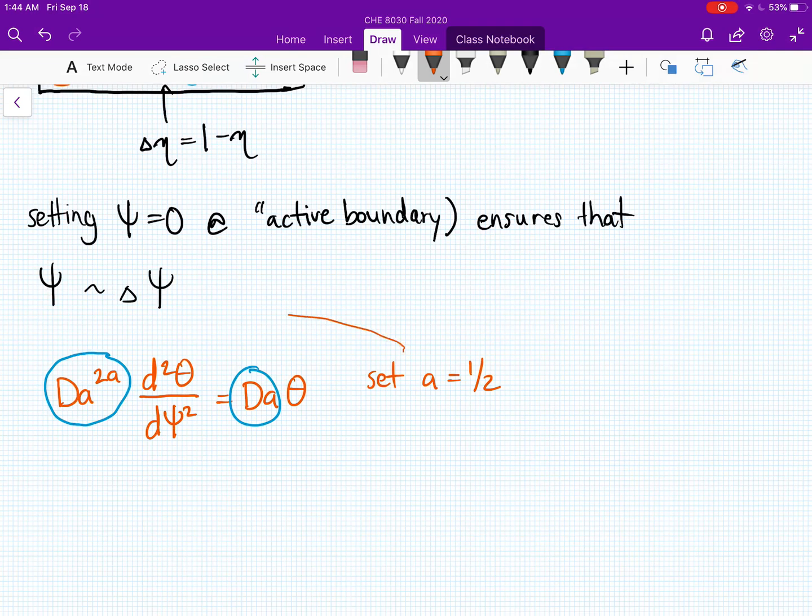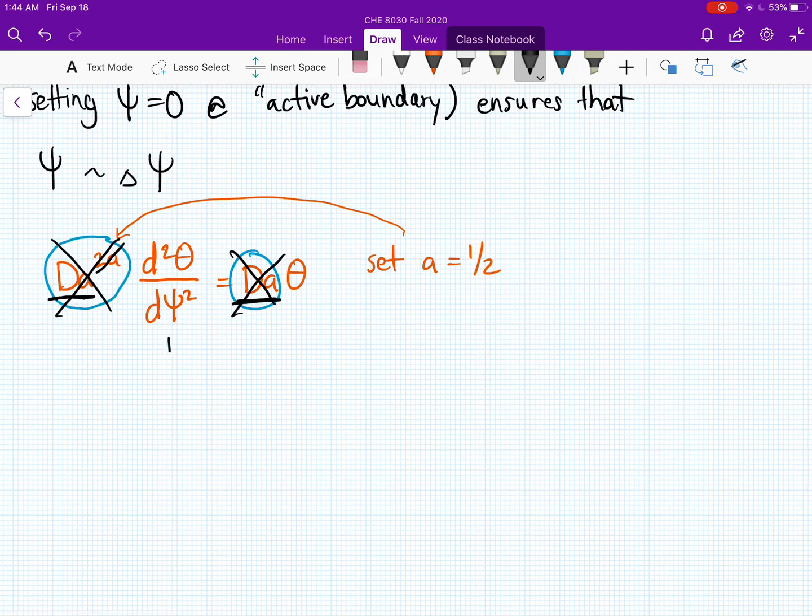When a is equal to 1/2, hopefully we all agree that this term becomes 1. And then we have one Damköhler number here, one Damköhler number there. Those cancel themselves out. And I'm left with the following transformed governing equation: the second order derivative of theta with respect to psi is equal to theta.